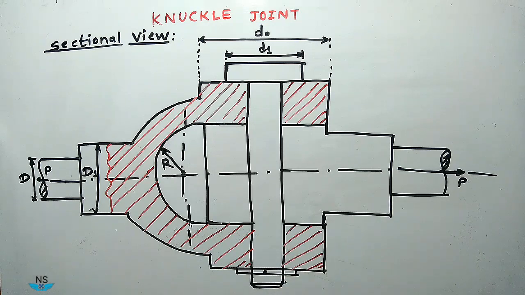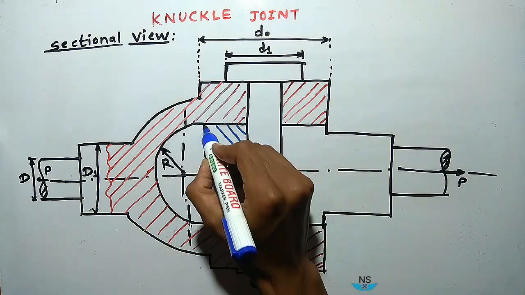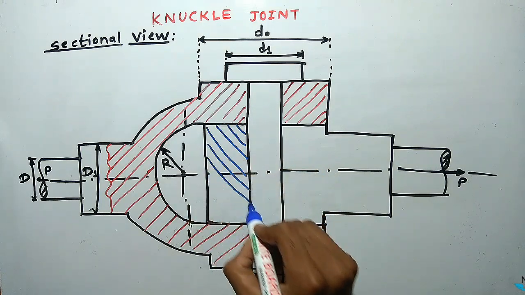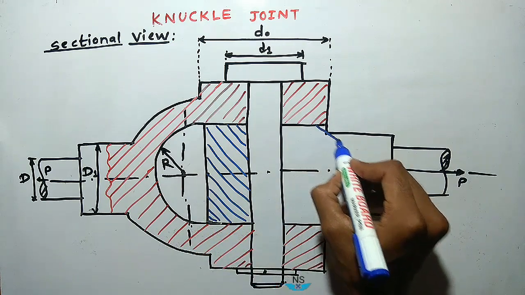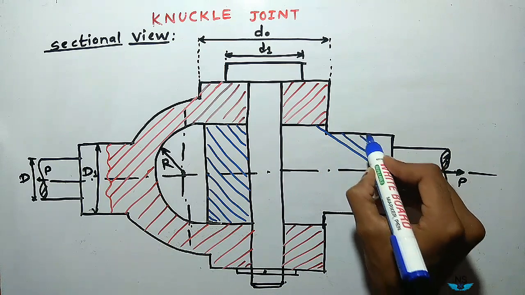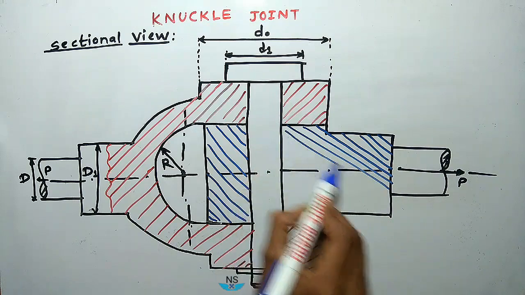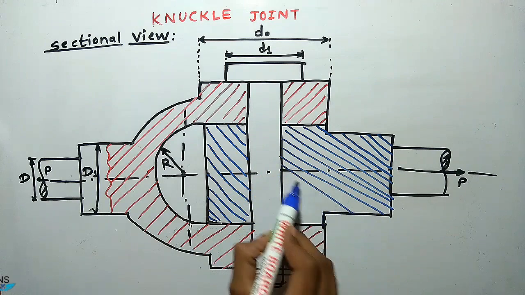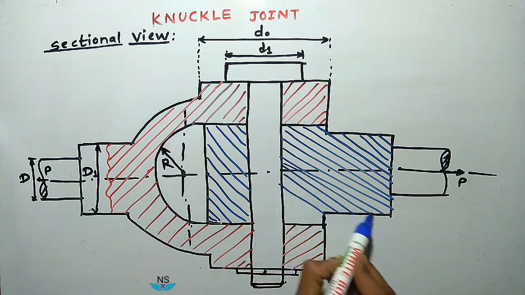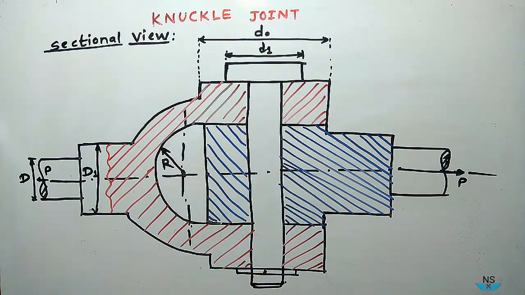This is the fork, and in blue this is the eye. This is the eye.